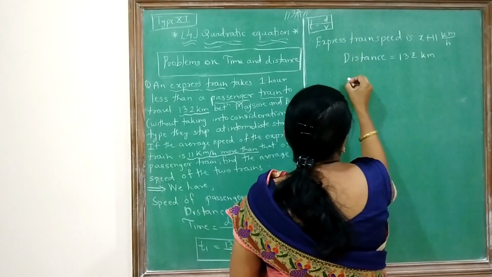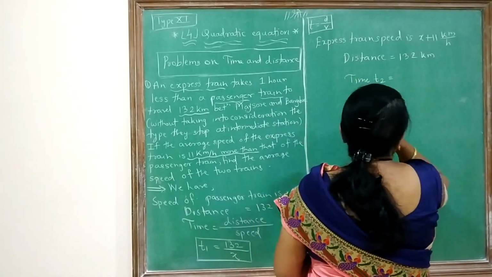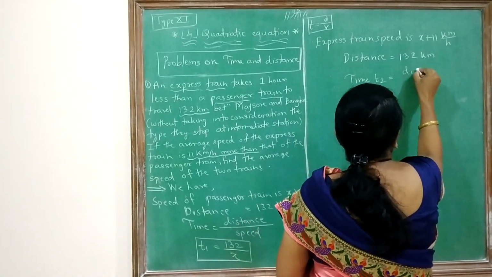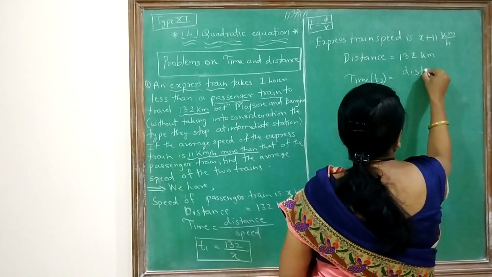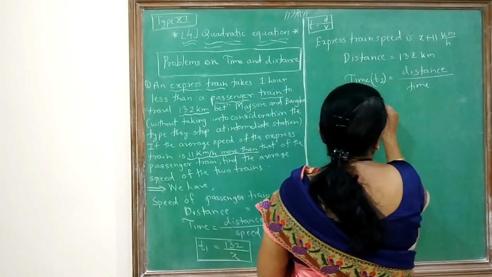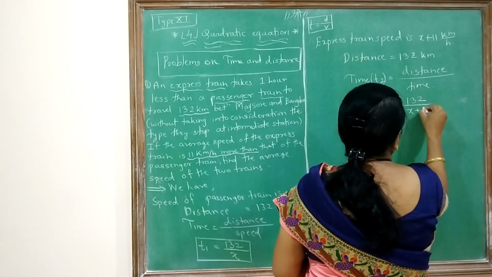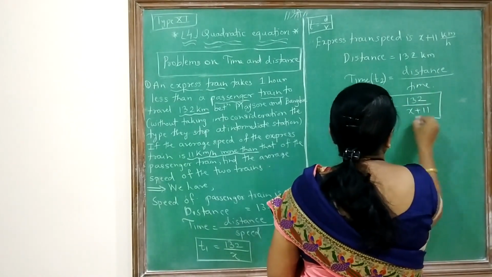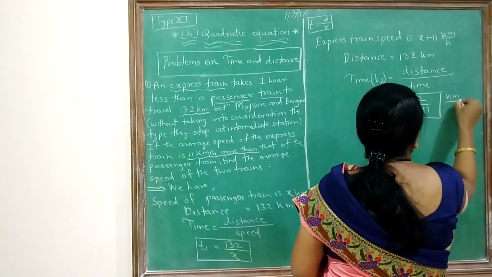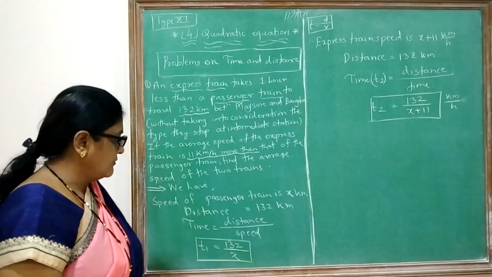Therefore the time t2 equals distance upon speed, that is t2 equals 132 divided by x plus 11 kilometer per hour.